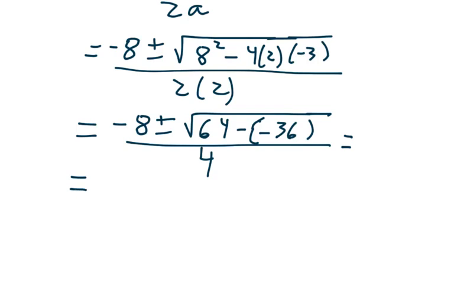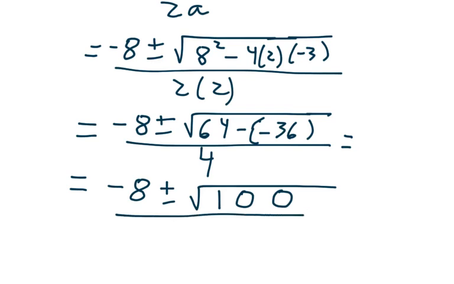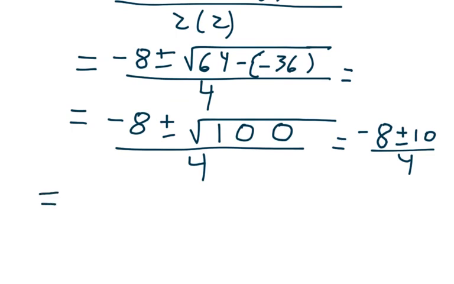Ran out of room, so let's do this: negative 8 plus or minus the square root of 64 plus 36, which if I'm right is 100, all divided by 4. So we know the square root of 100 is 10, so we have this all over 4. I thought these x-intercepts were going to be nasty, but I was wrong.